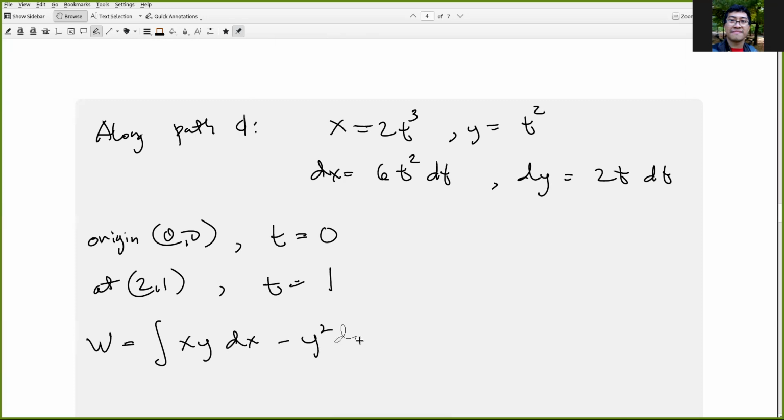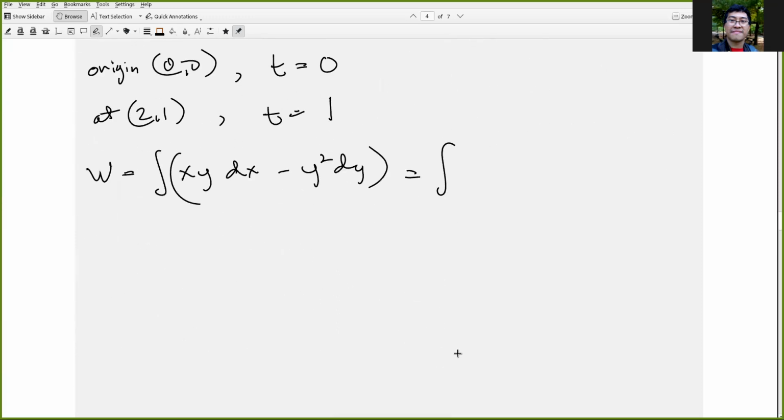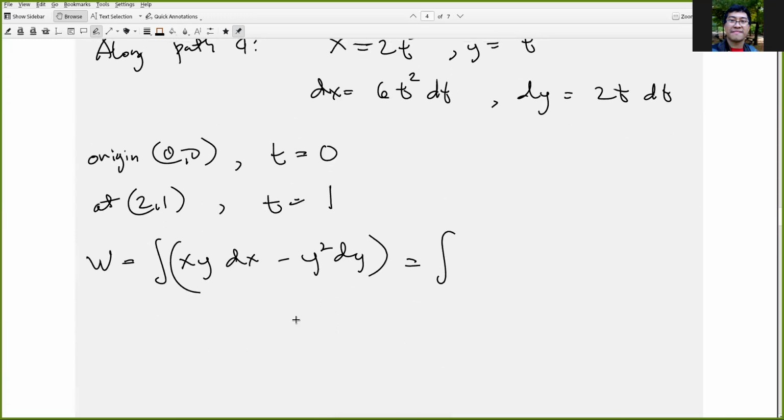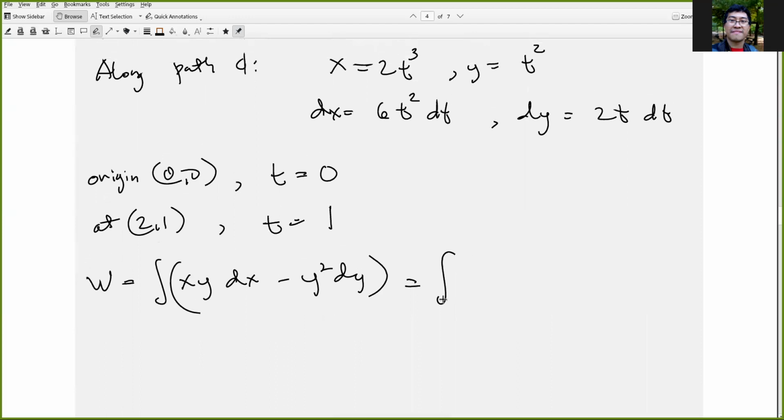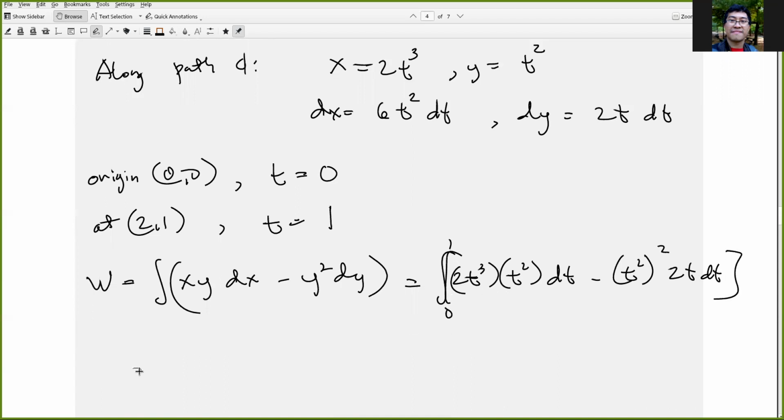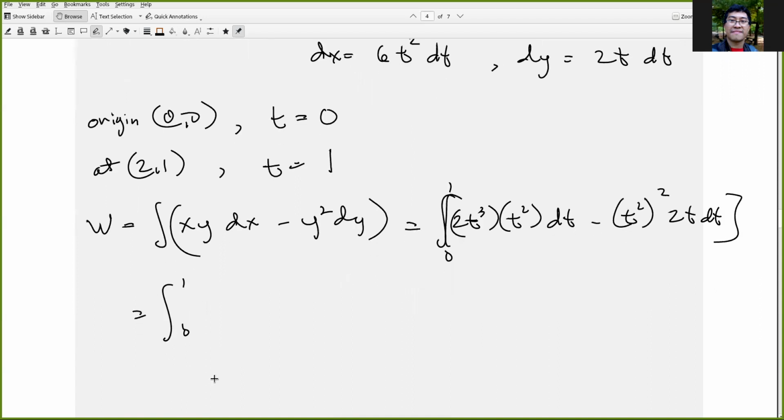So you get here the integral of x is 2t cubed, y is t squared, y squared is t squared squared, dy is 2t dt, evaluated from 0 to 1. So we have 2t cubed, that's 2.